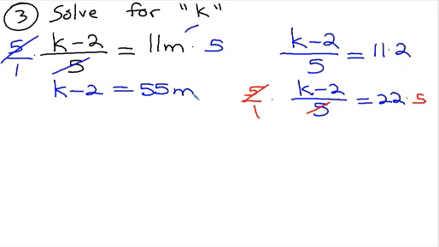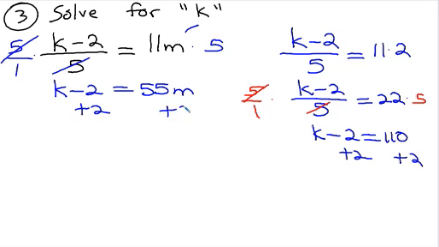And then if I come back over to my planning problem, I have k minus 2 equals 110. Wouldn't I add 2 to both sides next? I would add 2 to finish that up. So on my real problem, I would also add 2.